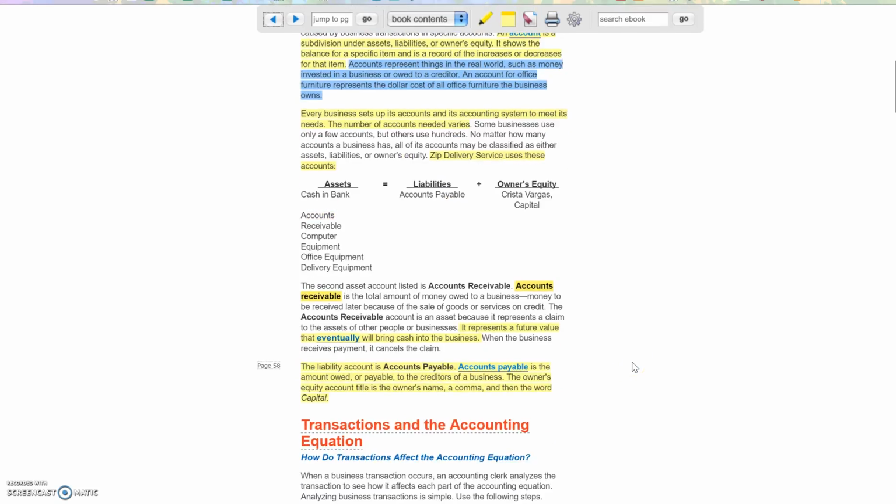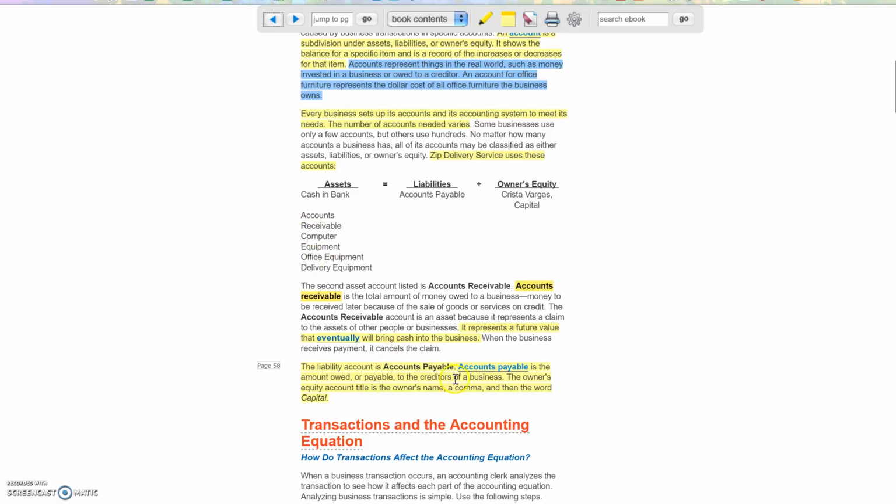So what are accounts receivable and accounts payable? Accounts receivable means that we've sold something on account and we have given someone credit. It is something of future value that will eventually come back into the business, so it's a future asset. We record it as something that we assume we're going to get, so we use it as an asset.